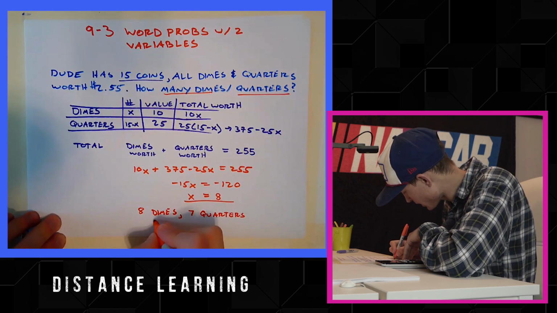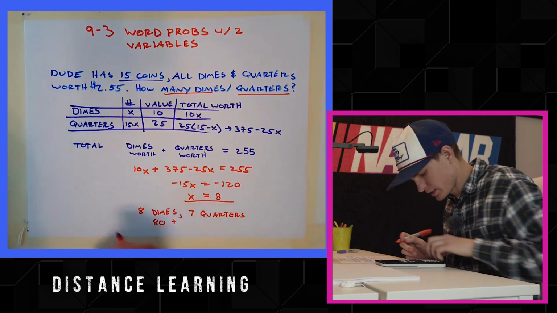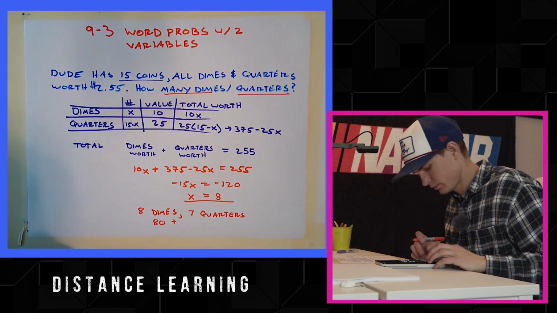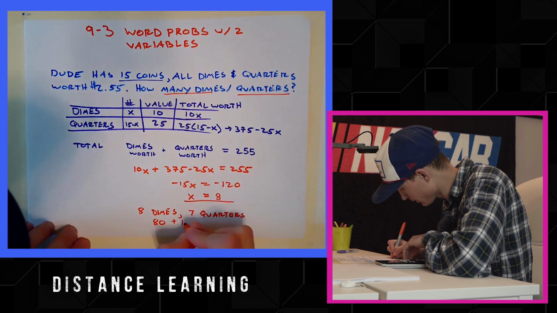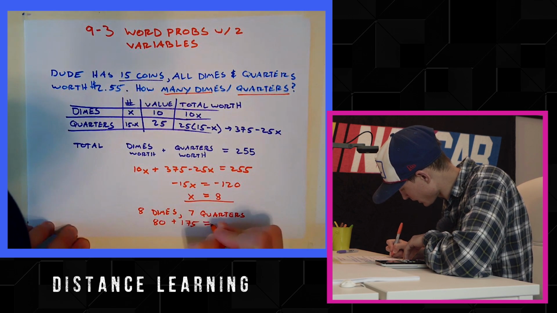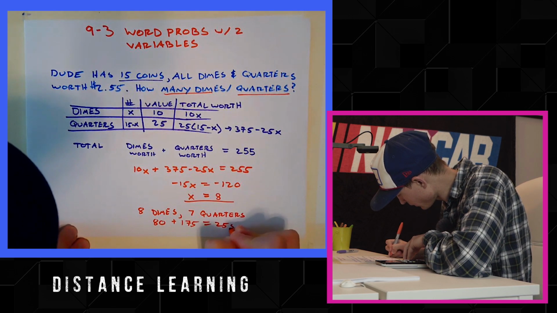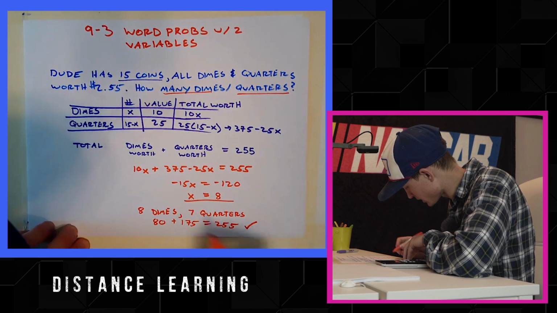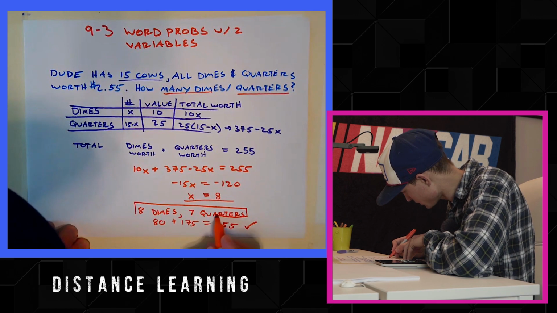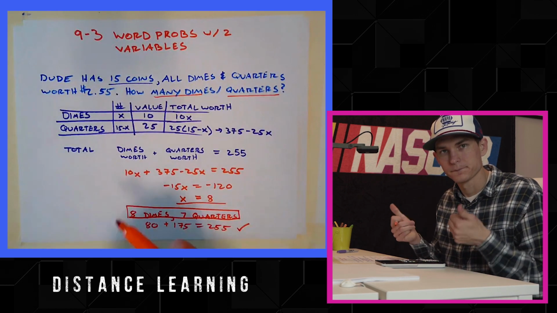And if you check, 8 dimes, that's 80 cents. 7 quarters, that's what, like 150? Bad math. Not 150. 175. And if you add that together, you get 255 cents. So it checks out. Your answer, though, 8 dimes, 7 quarters.